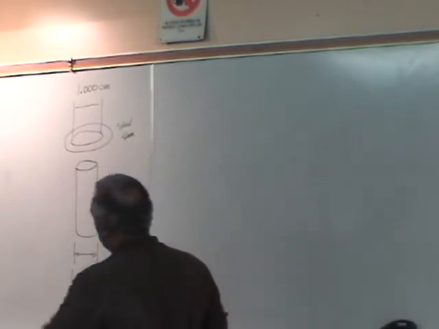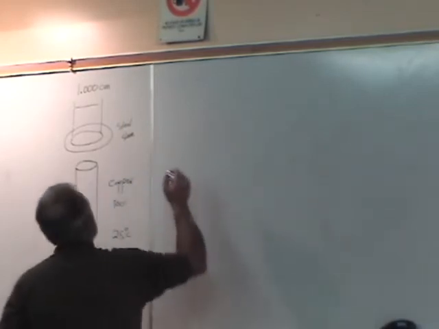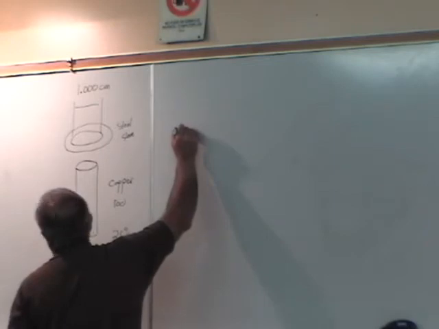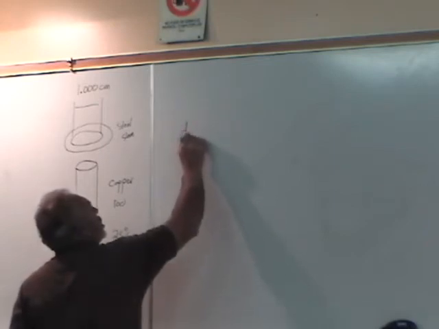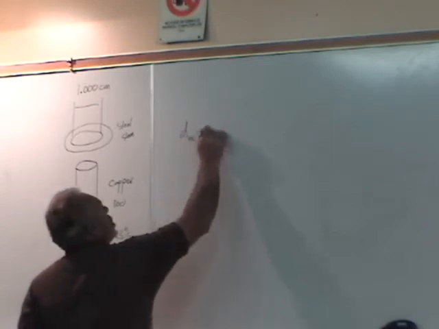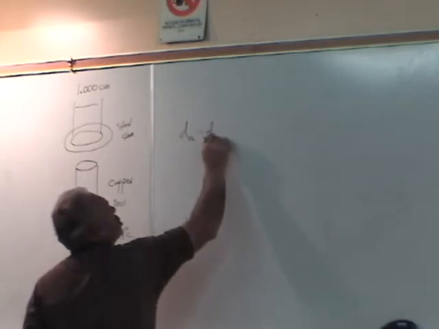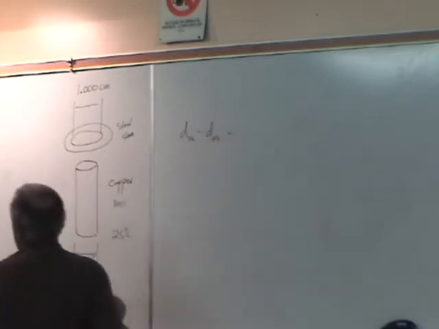So I suspect then that I might write like this. Under tactics, I would write D naught copper minus D naught steel equals what?